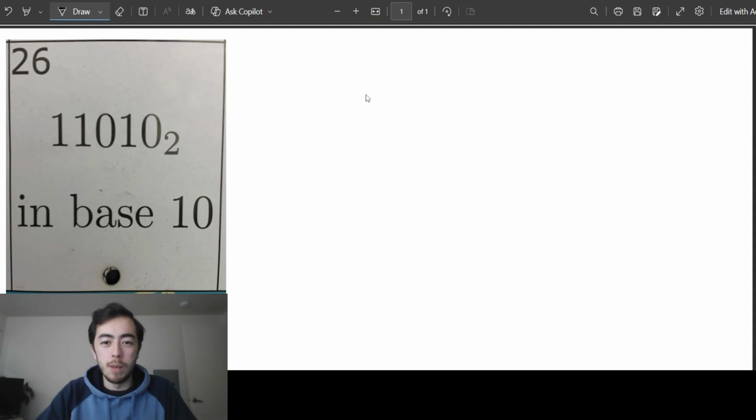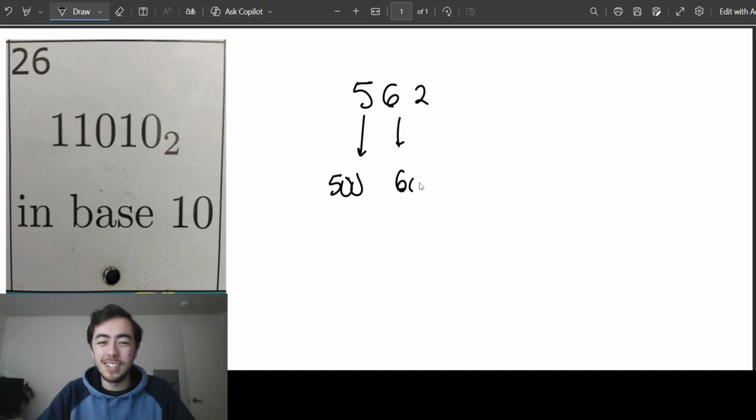So when we write numbers, say like 562, this 5 represents the number 500. This 6 represents the number 60, and this 2 represents 2. And the idea here is that for every place we move over to the left, this 6 actually just represents 6 times 10.